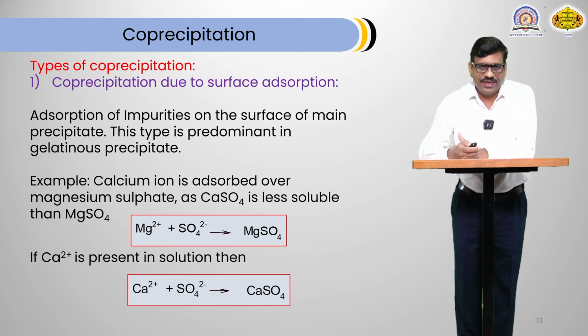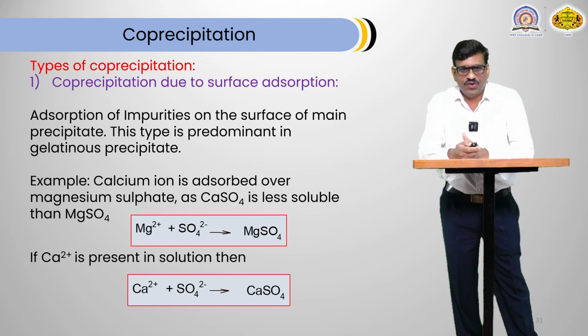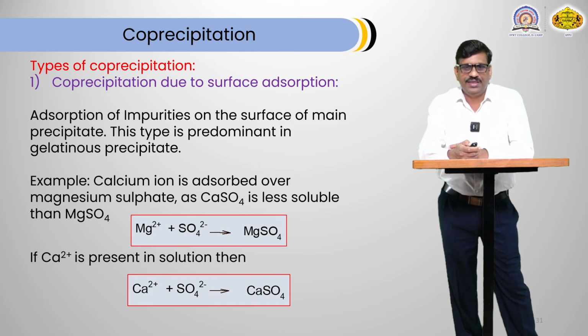Now the example, calcium ion is adsorbed over magnesium sulfate, as calcium sulfate is less soluble than magnesium sulfate. Suppose your solvent or mother liquor contains Mg2+, it also contains Ca2+, then Mg2+ can combine with sulfate ion to produce MgSO4 precipitate.